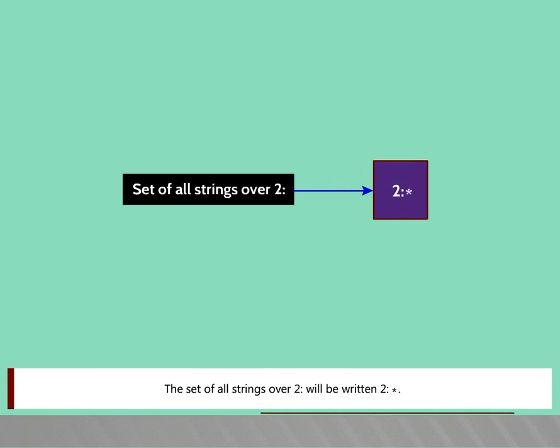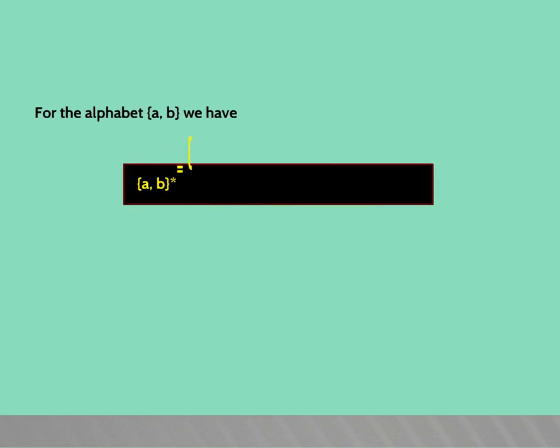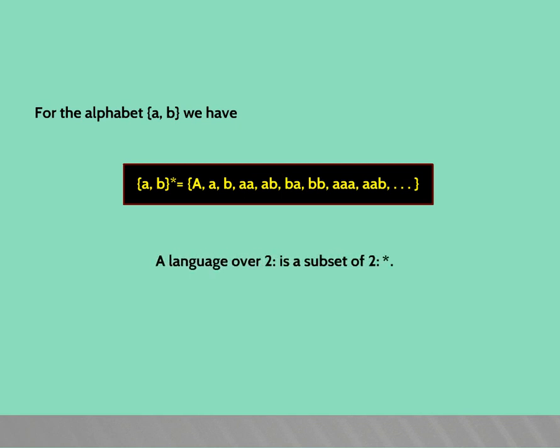The set of all strings over sigma will be written sigma star. For the alphabet {a, b}, we have {a, b}* equal to {lambda, a, b, aa, ab, ba, bb, aaa, aab, and so on}. A language over sigma is a subset of sigma star.